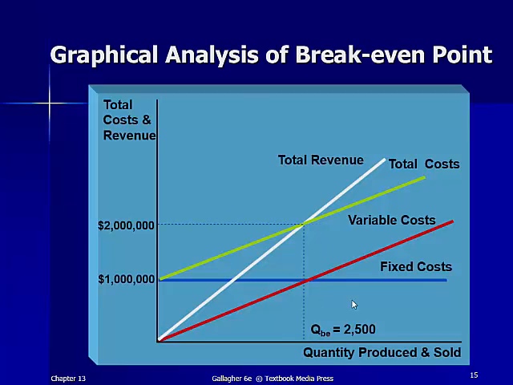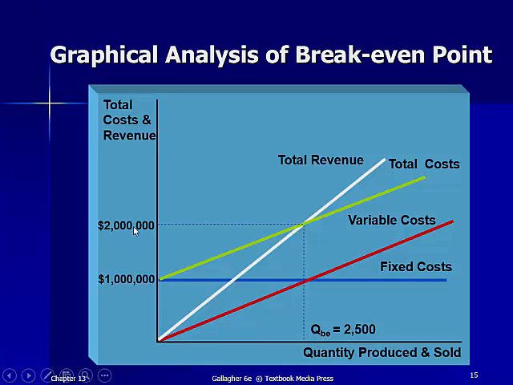So you can see the break-even point is where your total revenue line, the white line, intersects with the total cost line, the yellow line, and you can see it's at the 2,500 units that we computed earlier, and our total revenue and our total cost would equal $2 million here. And so we have 2,500 units being sold times $800 each.